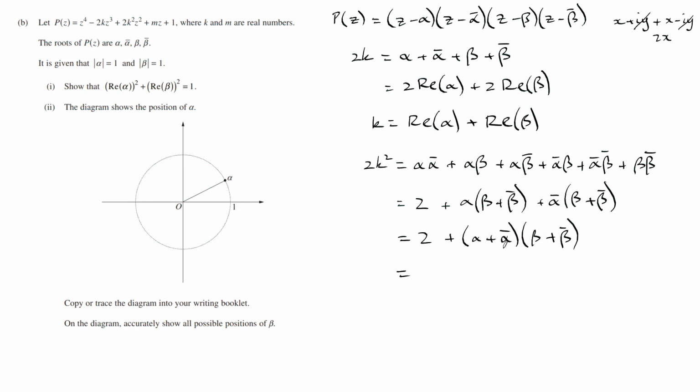And then again, this is 2 times the real part of alpha, and that's 2 times the real part of beta. So we get 4 real part of alpha times real part of beta. And then that was 2k squared, so let's divide both sides by 2.